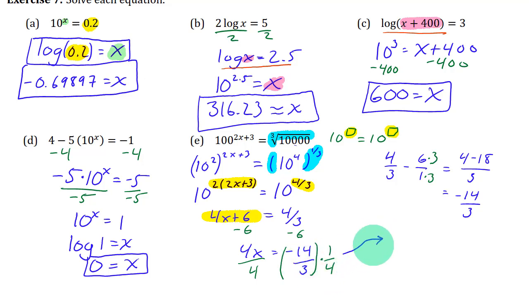But dividing by 4 and multiplying by 1/4 are the same thing. So that gets you x equals negative 14/12, or x equals negative 7/6 also works for that. Phew, so that is a tricky one. Congratulations if you got that one.